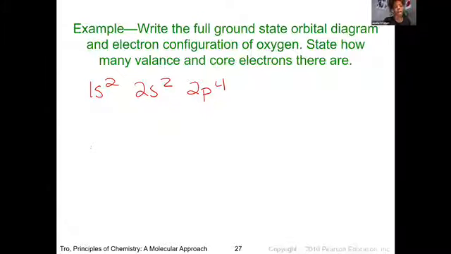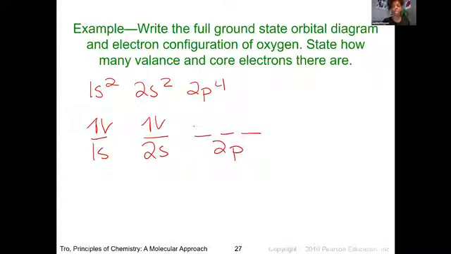For our orbital diagram, it would be 1s, one line, and again, we put our electrons up and down. We would say 2s, one line, up and down. And then 2p. Now we have 3 lines because there's 3 types of p's. And with those 4 electrons, when we put them in, remember Hund's rule, we have to give 1 to each. Then we come back and make a pair.